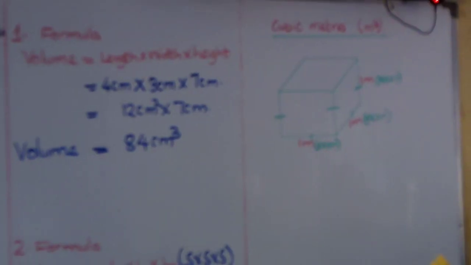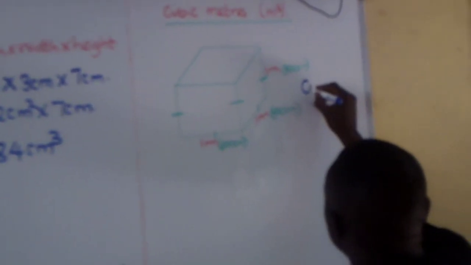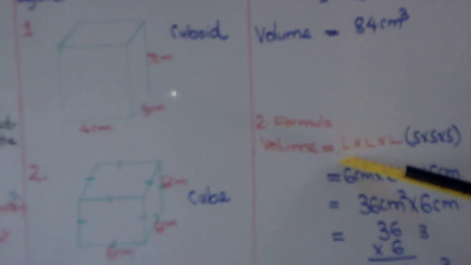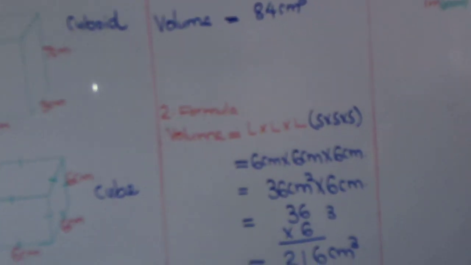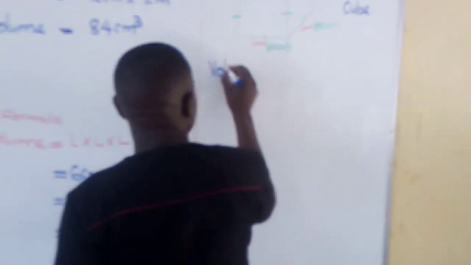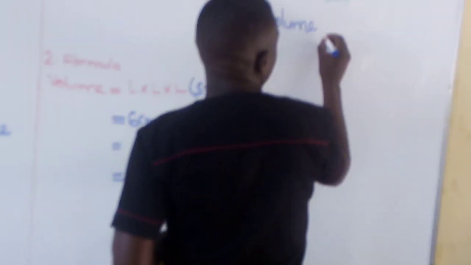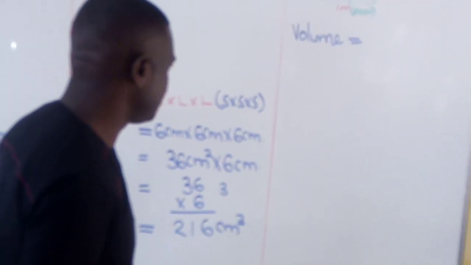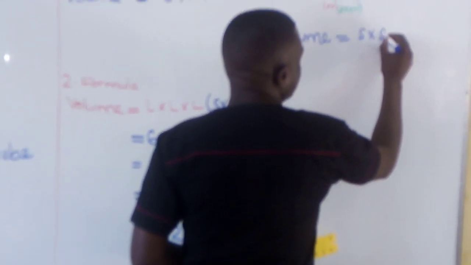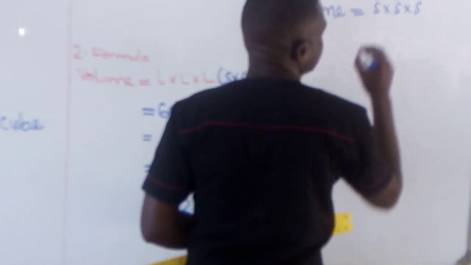This is a cube, boys and girls. And so, from our formula here, the volume of a cube is denoted by side multiplied by side multiplied by side.